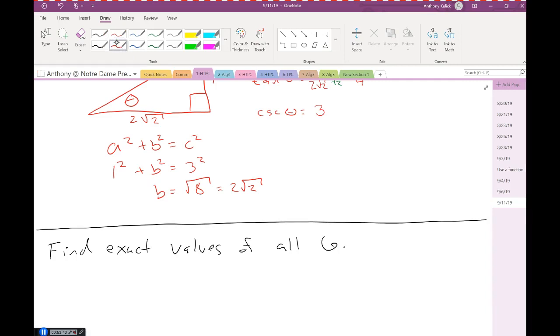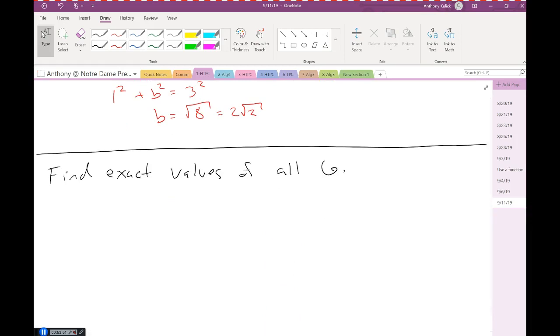The next thing I want to talk about is finding exact values for these trigonometric ratios. When can we find exact values?